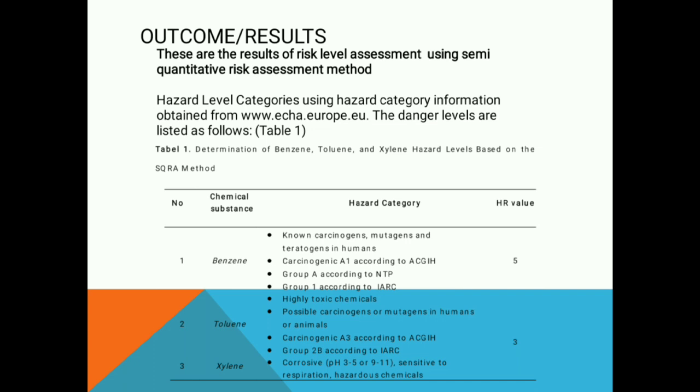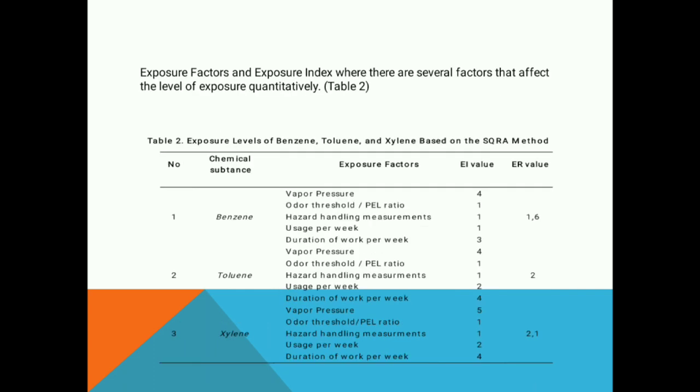The danger levels are listed as follows in Table 1. This is the exposure factor and exposure index, where there are several factors that affect the exposure level quantitatively, in Table 2. These are the exposure levels of benzene, toluene, and xylene based on the SQRA method.